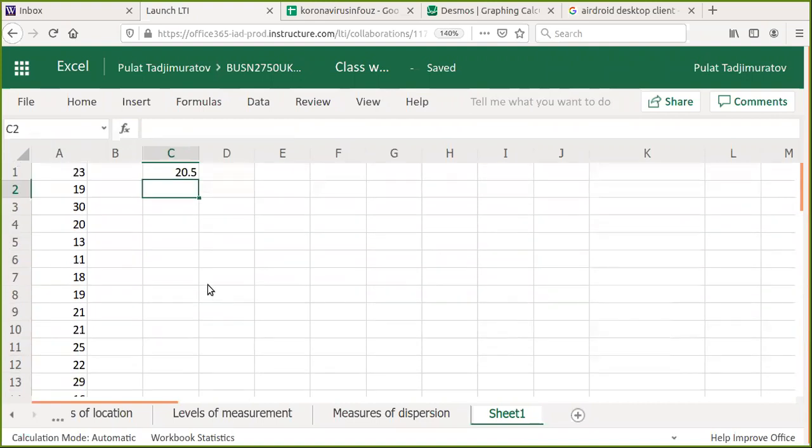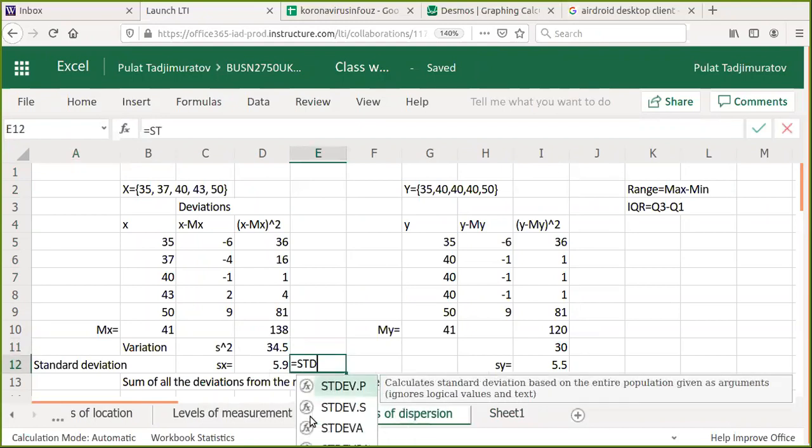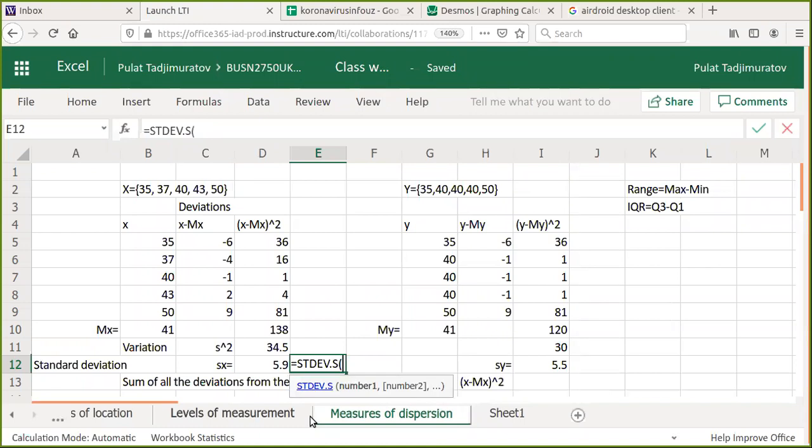To find standard deviation in Excel, you don't always have to do all this stuff. There is an inbuilt formula, STDEV.S. There is also STDEV.P. We will come back to that in time.